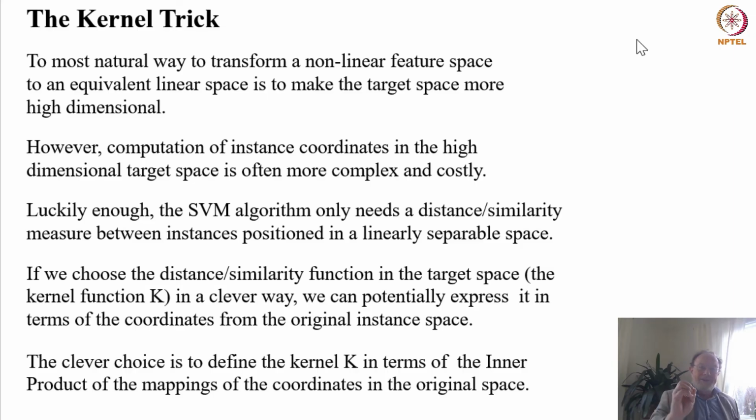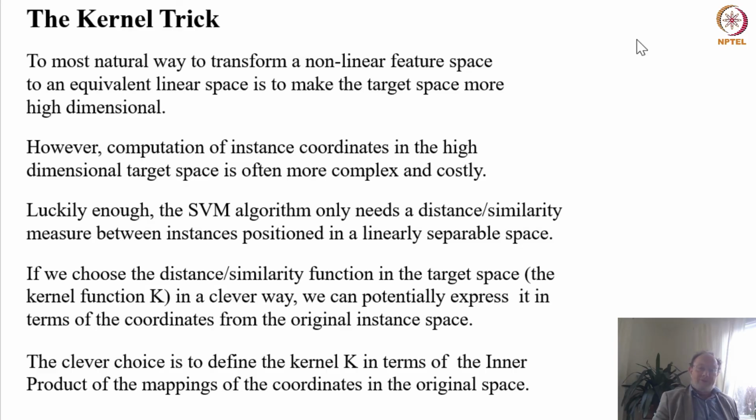So to summarize, we define a similarity measure that is applicable and meaningful for the new high-dimensional space. The SVM algorithm can use those similarity measures. However, the detailed calculation of the similarity measures is defined via a function, which we call the kernel function, so that they are expressed in terms of coordinates from the original space.